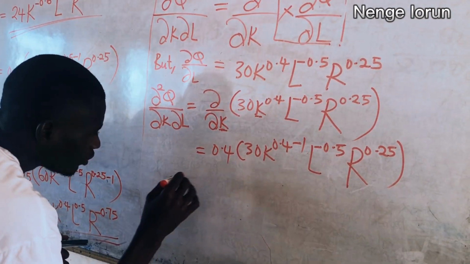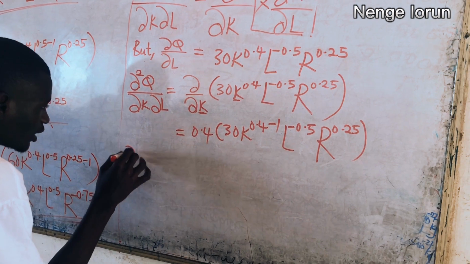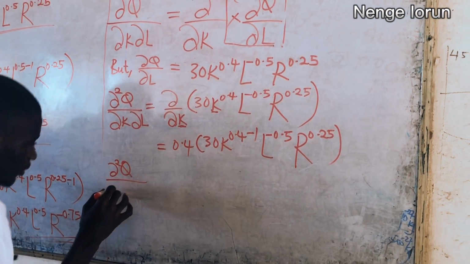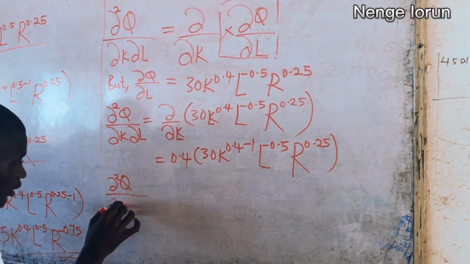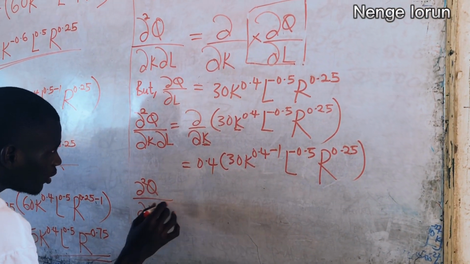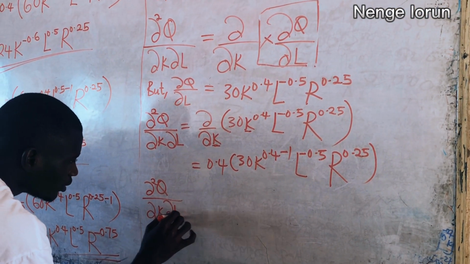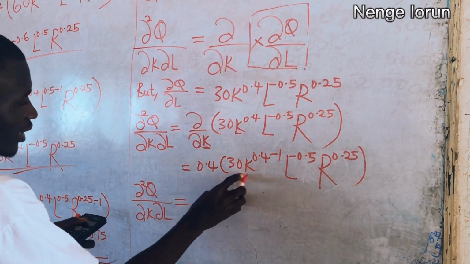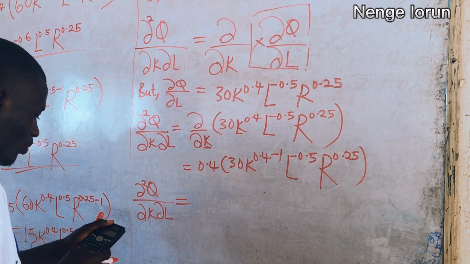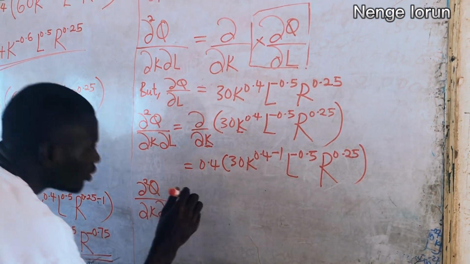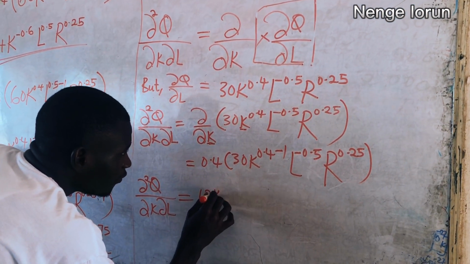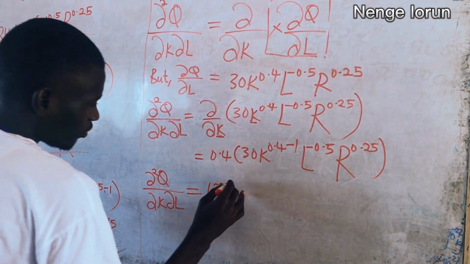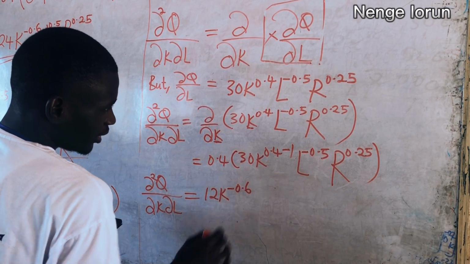So now, you will have the cross partial derivative, that is the second order derivative of Q with respect to K and L, equal to 0.4 times 30, which gives 12K. Then 0.4 minus 1, you have minus 0.6.